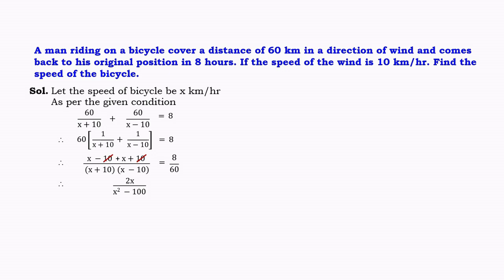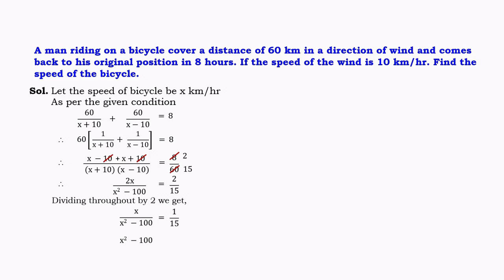So, we get 60 multiplied by 2x divided by (x plus 10)(x minus 10) is equal to 8. Now, divide both sides by 60. This gives 2x divided by (x plus 10)(x minus 10) is equal to 2/15. Next, divide both sides by 2. We get x divided by (x plus 10)(x minus 10) is equal to 1/15.